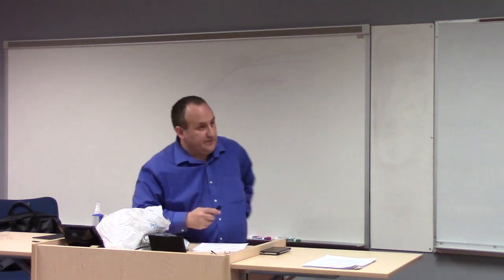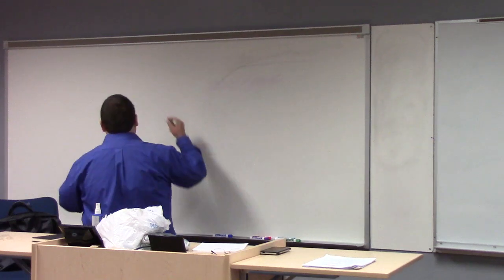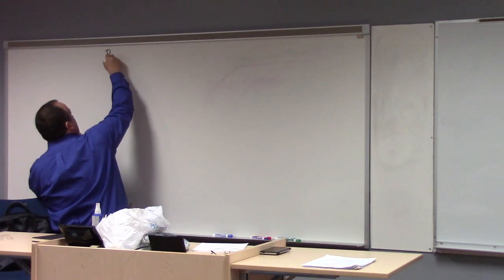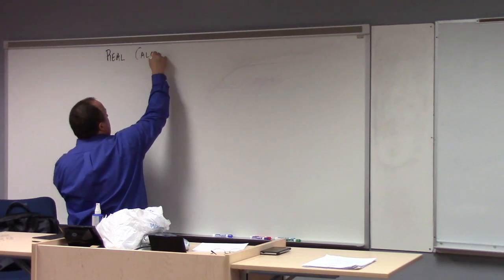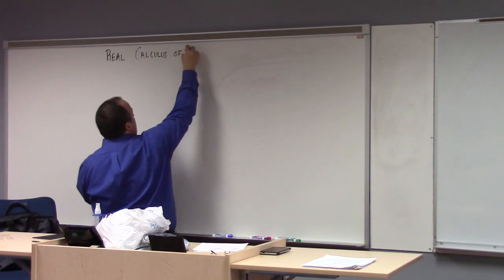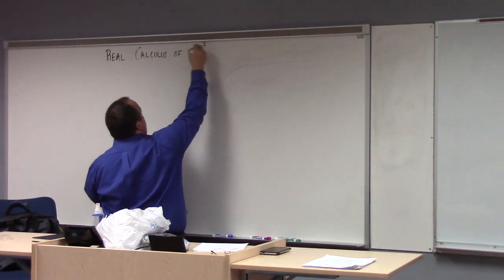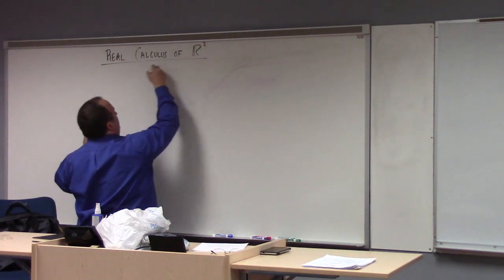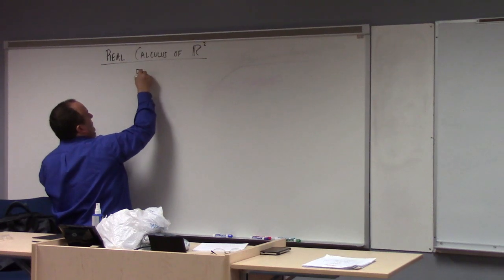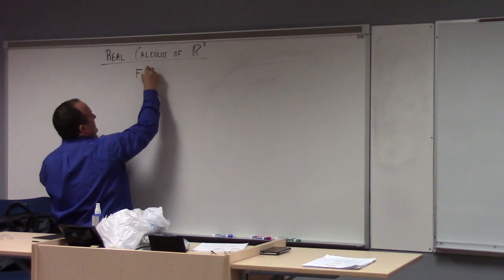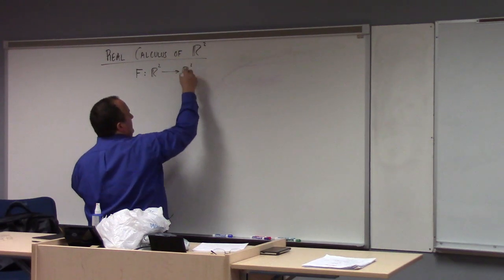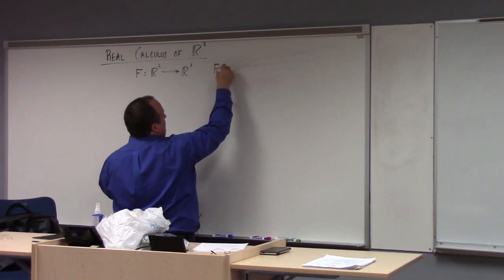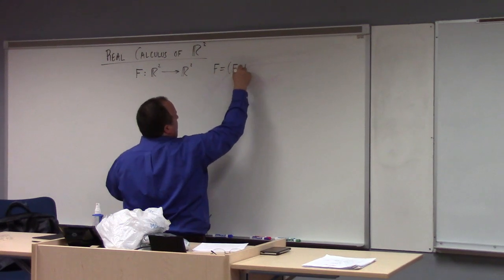today I want to talk to you guys about real differential calculus of the plane, which I'll just call real calculus of R2. In particular, we want to think about a function, which is a map from, let's say, R2 to R2. So you could say f is equal to (f1, f2).